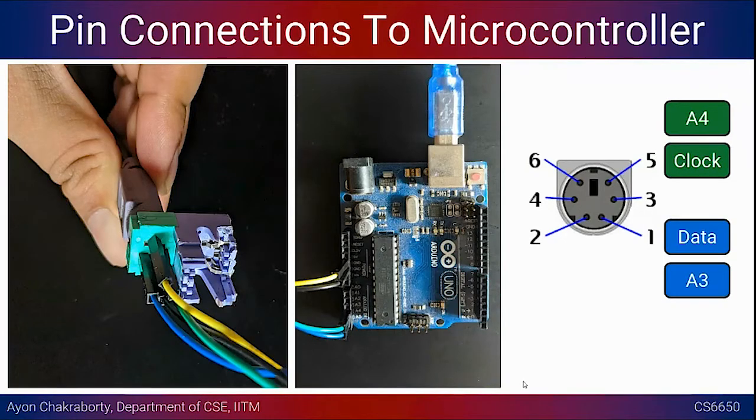So these were the pin connections. With A4 we were connecting the clock, and with A3 we were connecting the data. These are also shown in the figure here, and we have also connected the ground and the power.